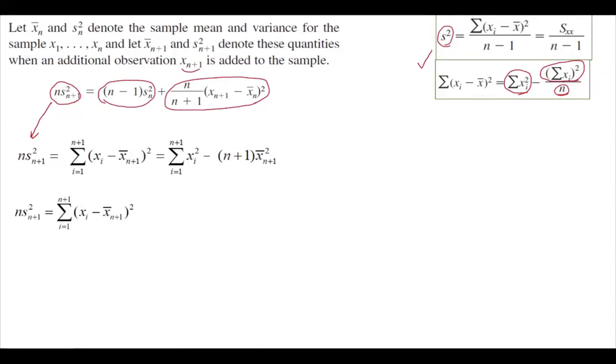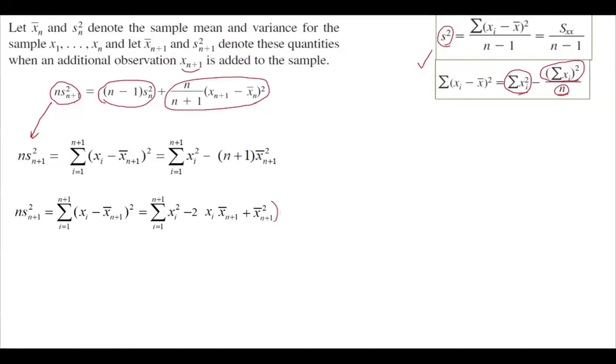The reason for this is when you have n times the variance of n+1 observations, it is basically the summation of xi minus xn+1 bar to the second power. Well, here you have exponent 2, so you can write this in expanded form. The first term to the second power minus 2 times the first term times the second term plus the last term to the second power.